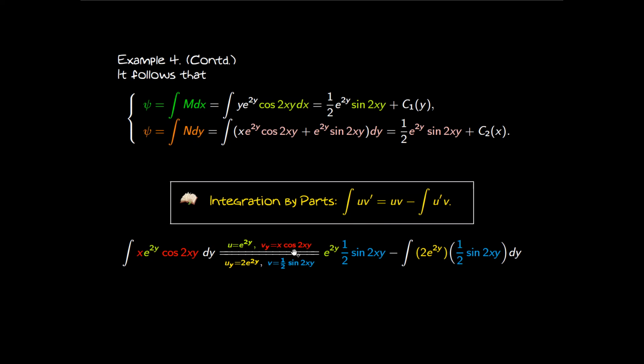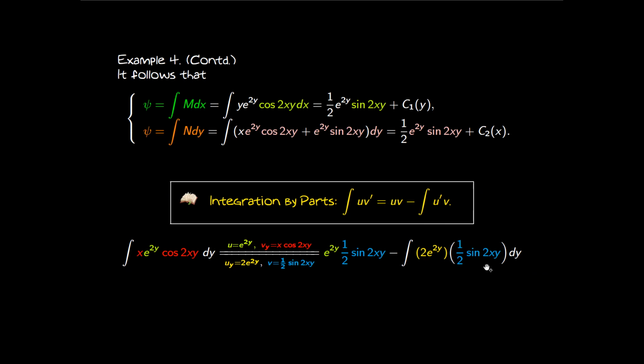So then, by using the formula, we get an expression like this. Moreover, if you check out the new integration, you see after the cancellations, this is nothing but e to the 2y times sine of 2xy.